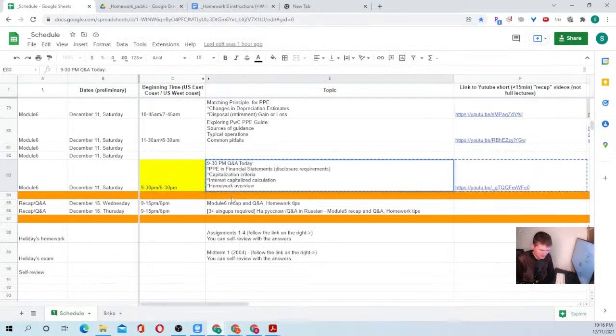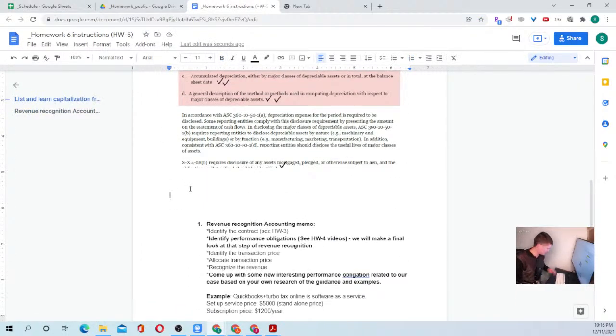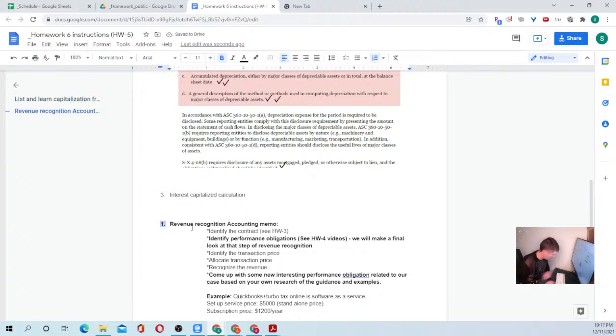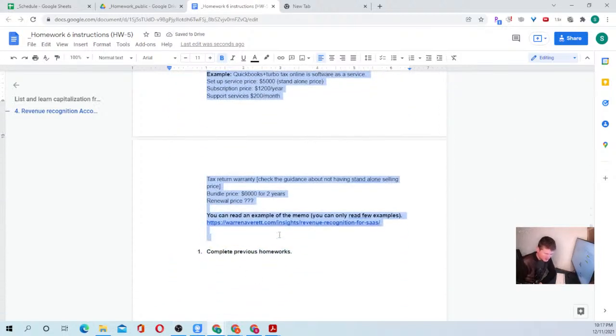Okay, let's check with the schedule whatever we have left. Interest capitalized calculation, and that will be our third point for the homework. Interest.